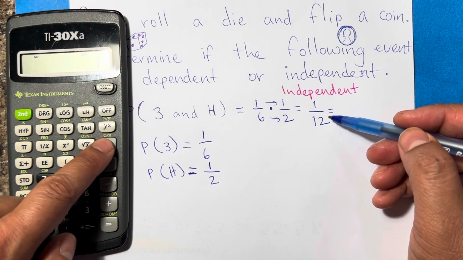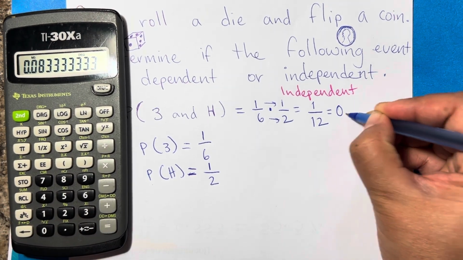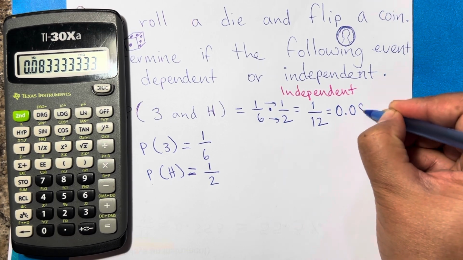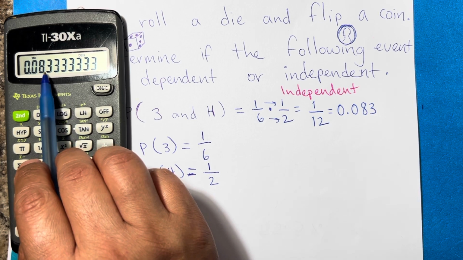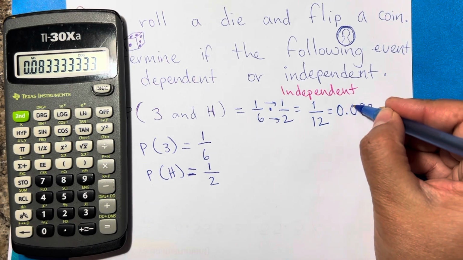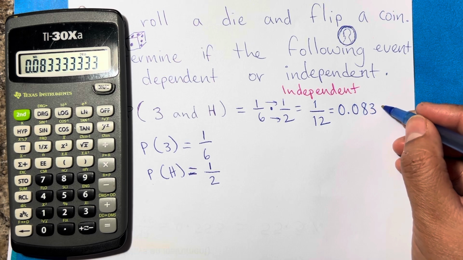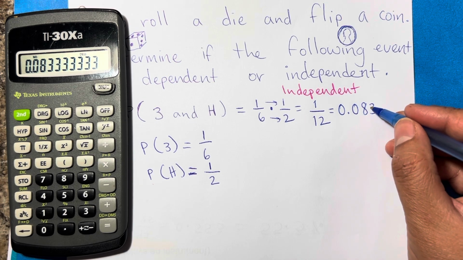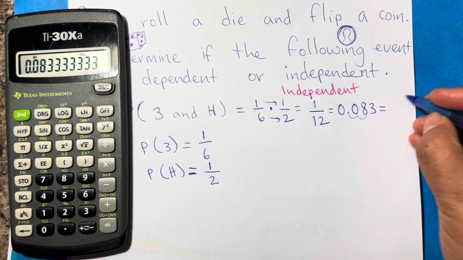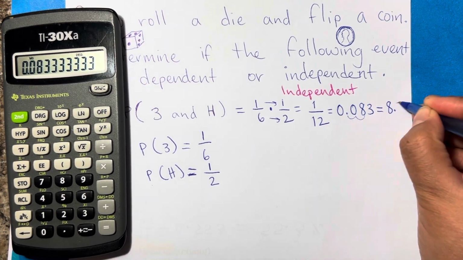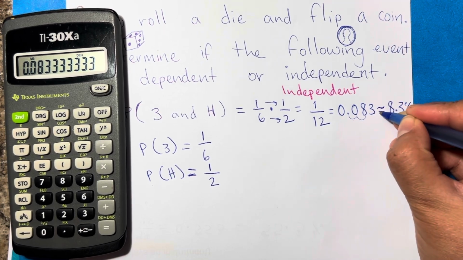So 1 divided by 12 equals 0.083. The 3 does not give anything to the 3 here. Notice how we're rounding to the thousandths, and the ten-thousandths is the one that is deciding whether you round up or stay the same. We move it 2 spaces, and that's going to be 8.3%. Again, about 8.3.